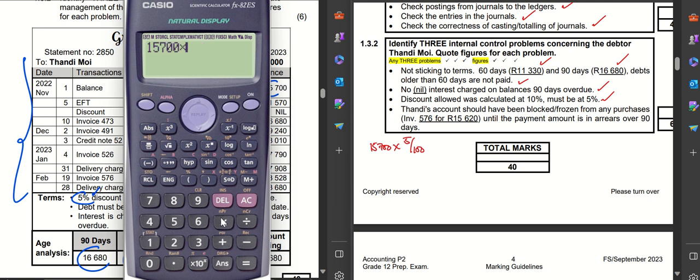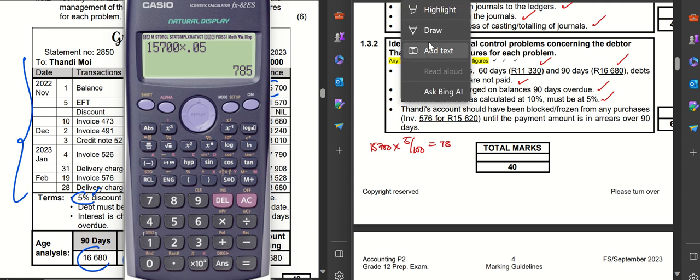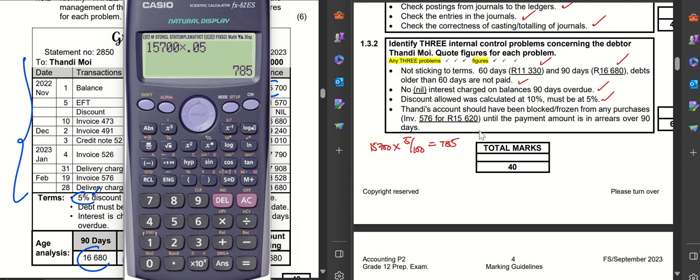If we are to get the 5%, it should have been 785. We should have given them a discount of 785. It should have been 785.